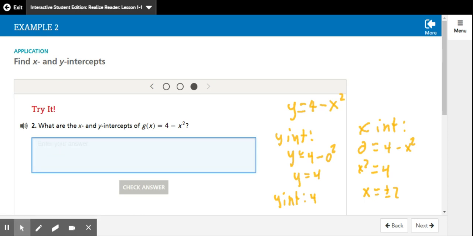I'm going to go ahead and type that in. It asked for x-intercept first, so I'm going to do that first. The x-intercepts are negative 2 and 2, and the y-intercept is 4.